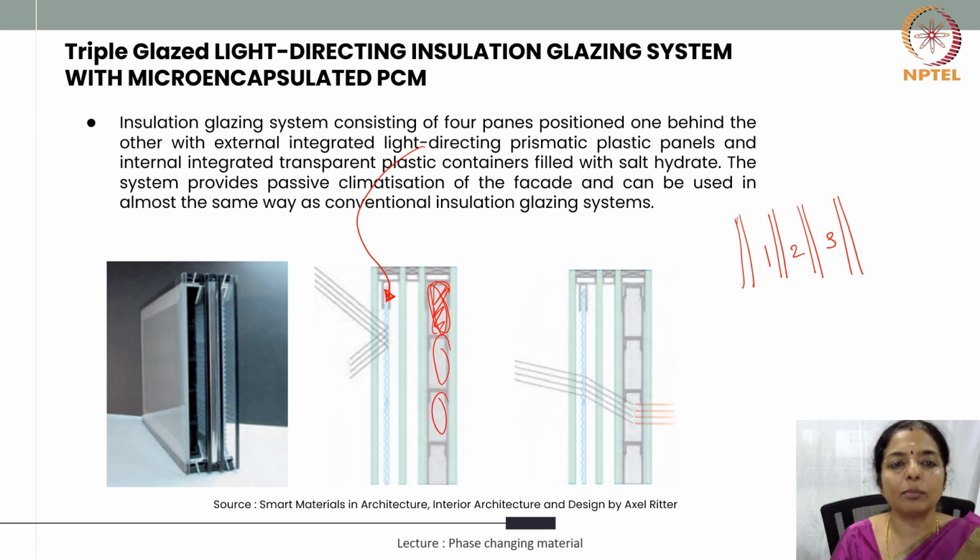This system provides passive climatization of the facade and can be used in almost the same way as the conventional insulation glazing system. It also has a higher replacement cost of defective panes and PCM containers, is relatively heavy with consequences for installation cost, and has high manufacturing and installation cost compared to a conventional insulation glazing.